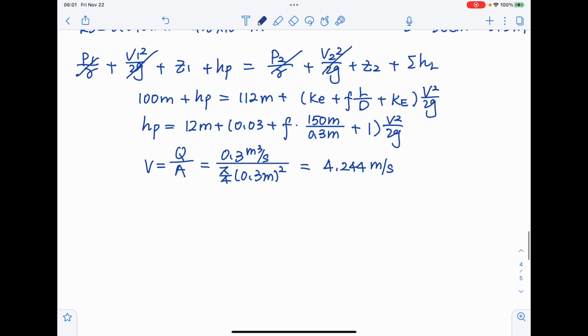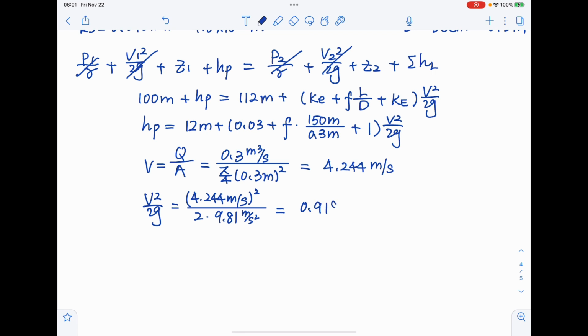And V squared over 2g equals 4.244 squared over 2 times 9.81. So the velocity head should be 0.9181 meters. Okay.